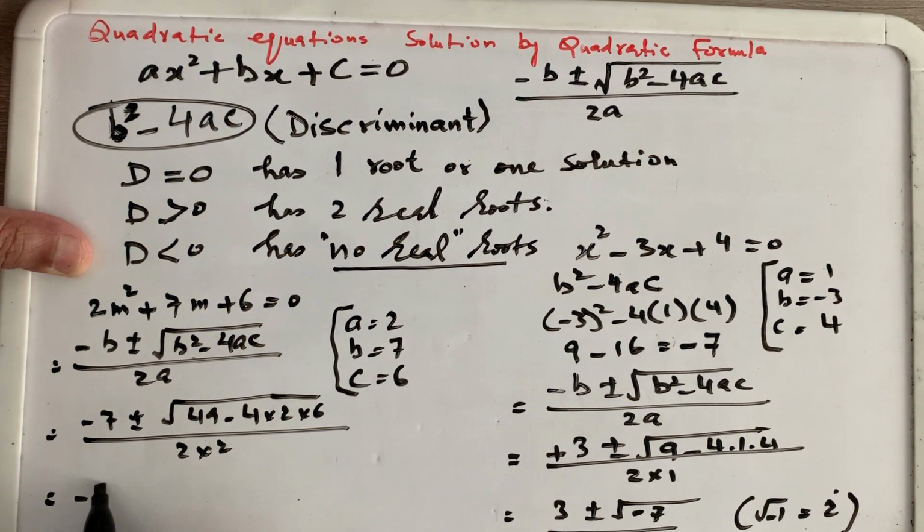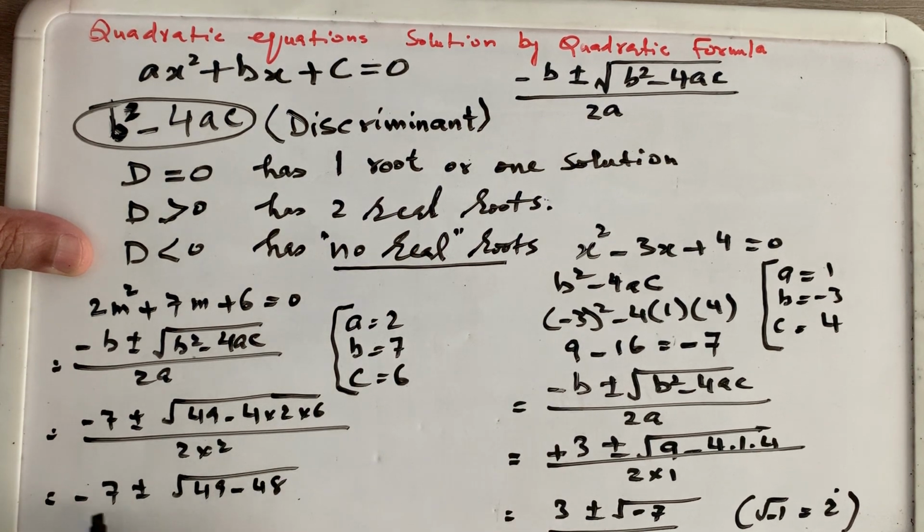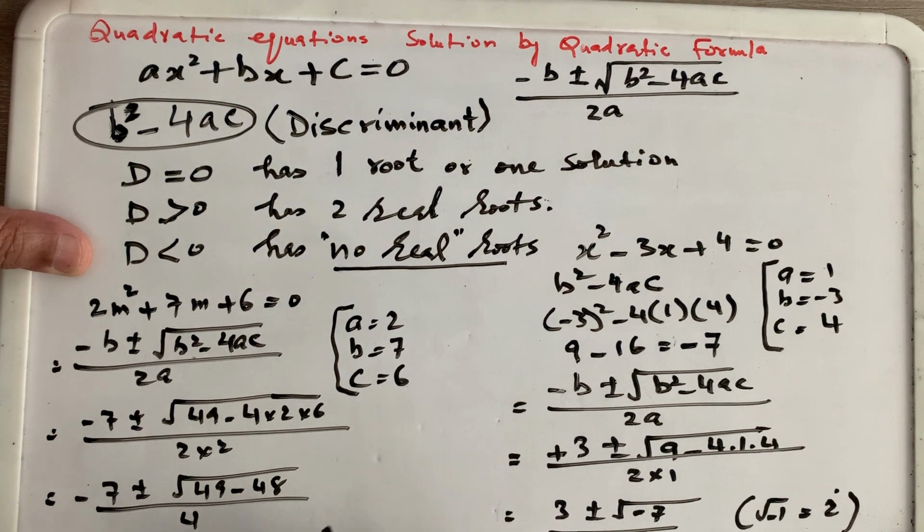So minus 7 plus minus under the root 49 minus, how much is it? 6 twos are 12, 12 times 4 is 48, divided by 4.